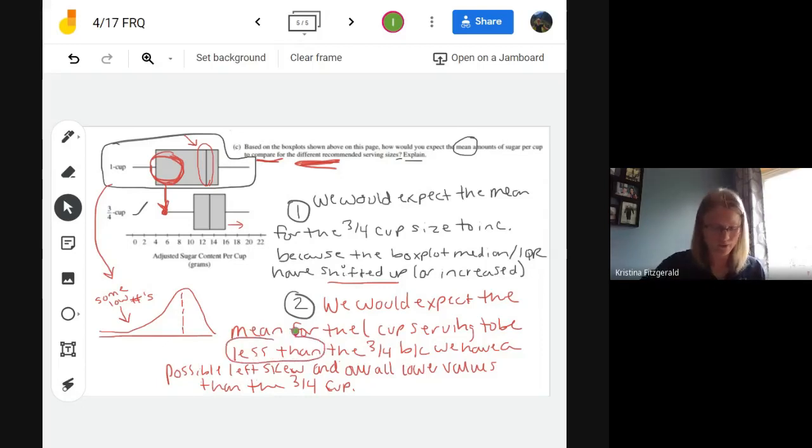That's where the comparison comes in, but you also have to explain why you think so with some reasonable justification from evidence from the graphs. That's essentially that question. That is a sample FRQ that you would see on a test. That would be the first question in your lineup of 6 FRQs.